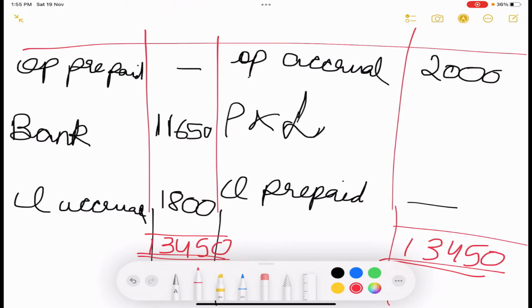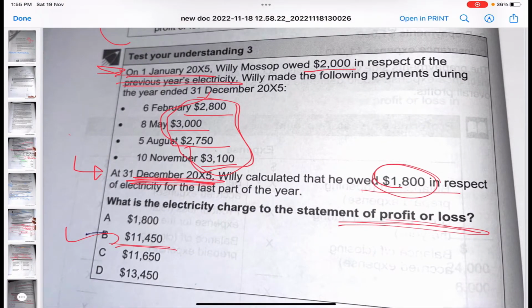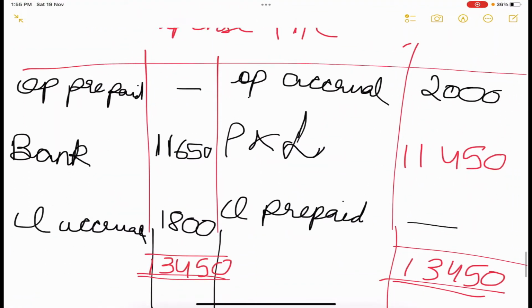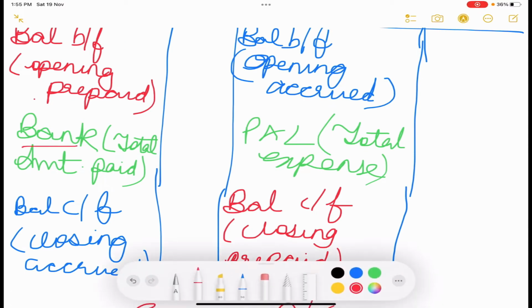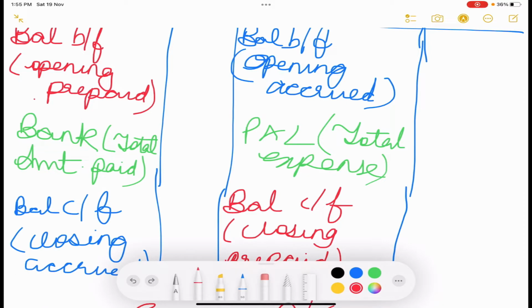And what is the value of P&L? 13450 minus 2000, which is 11450. So that is my answer, which is 11450. So B is my answer, 11450. I hope you got it. I hope it's clear, and I hope you are doing it by yourself. So you know that bank means it's the cash basis. Whatever goes out of the bank, even if it does not belong to this year, we will show it. What is P&L? It is accrual basis, which means whatever belongs to this year.